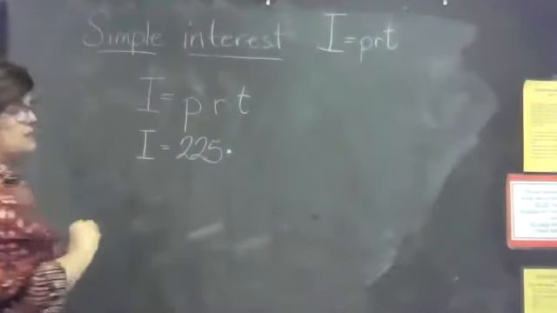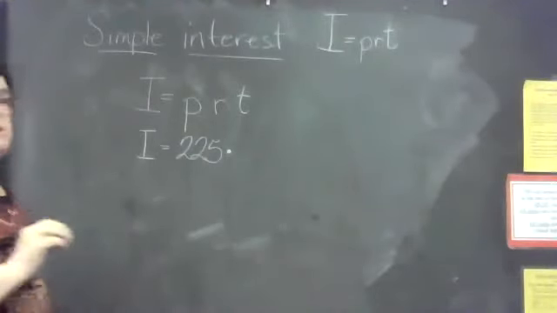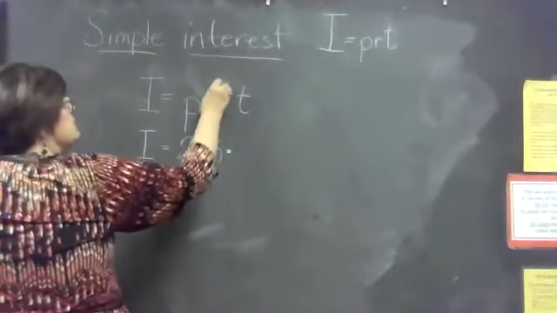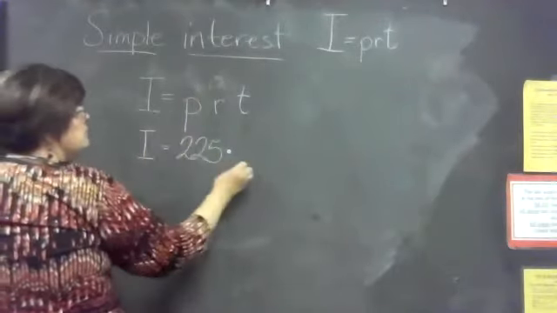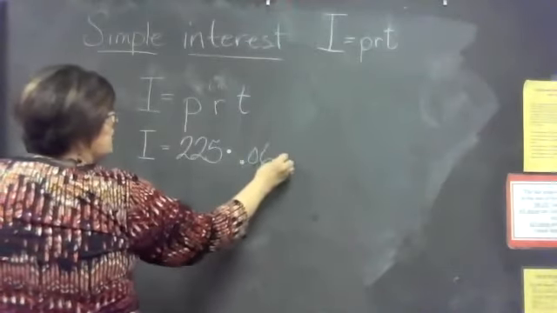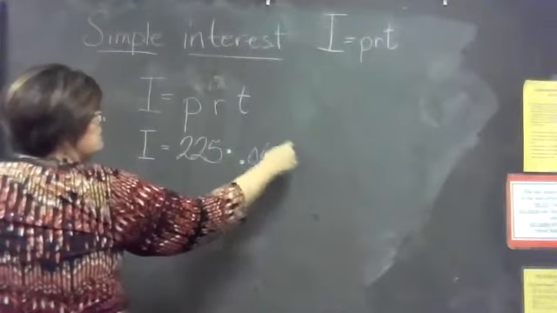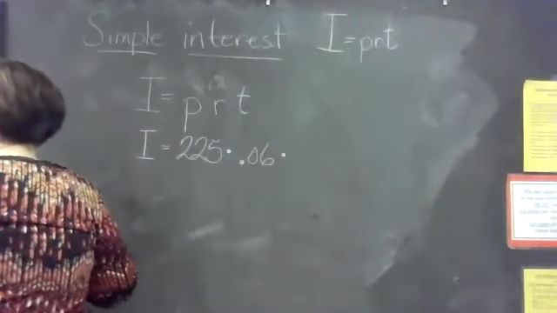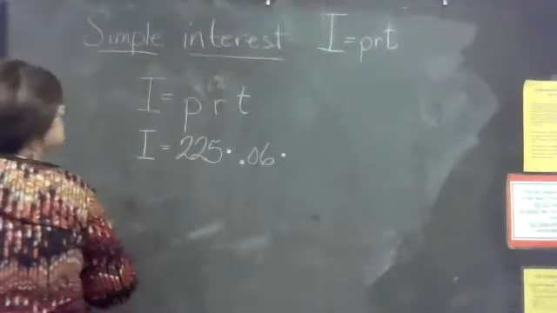The rate is 6%, so we have to change it to a decimal, 0.06, times the time. How many years? 8 years.